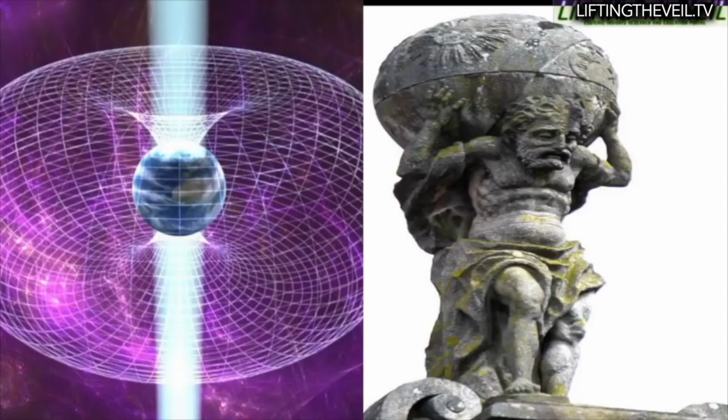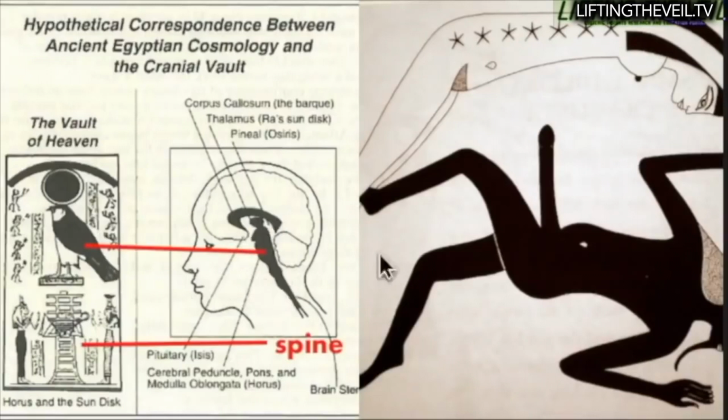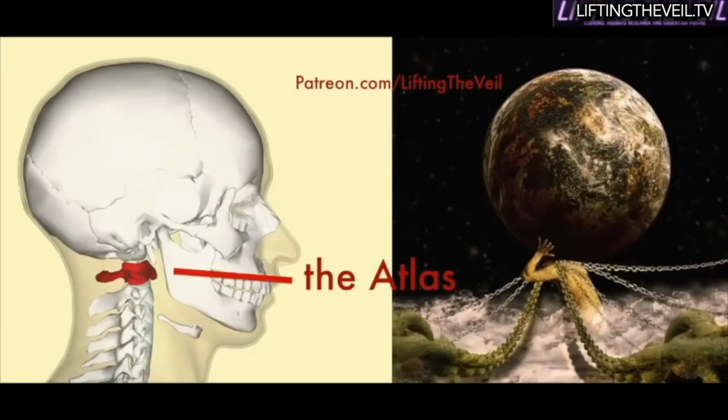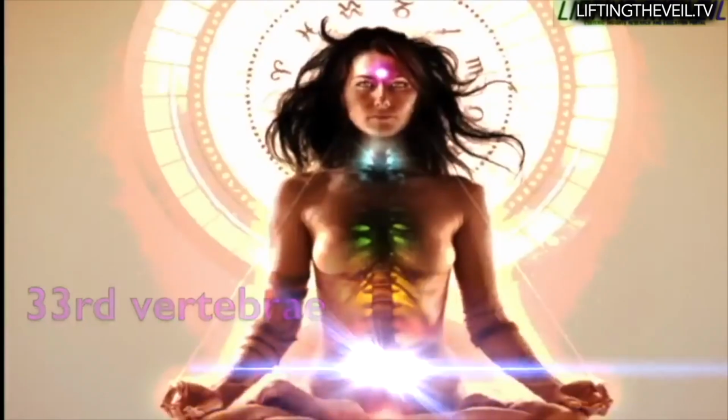In other words, the son of space and earth, the pillar of support, the support structure of the celestial sphere above the sphere of the earth. Atlas's symbol is the globe, which is where we get the atlas bone of the spine, which supports the globe of the skull, the microcosm of the macrocosm.